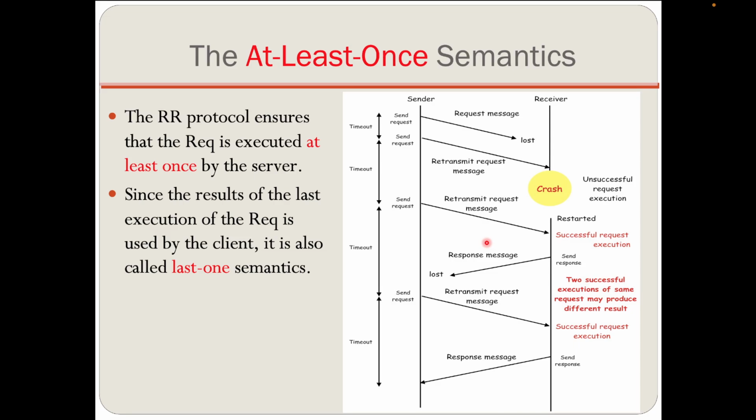The other previous responses, for whatever reason, were not received by the sender, so they become irrelevant. This RR protocol makes sure that the request will be executed at least once by the server. There may be multiple times, but only the last one becomes effective.